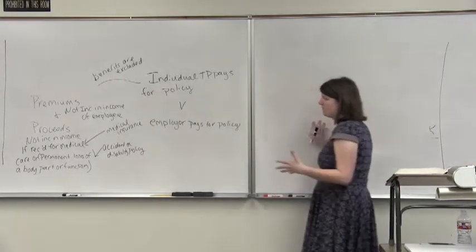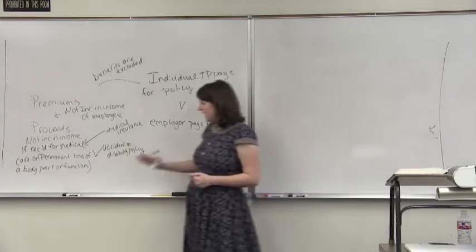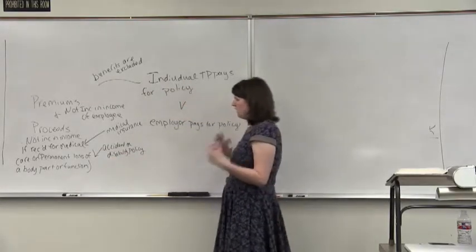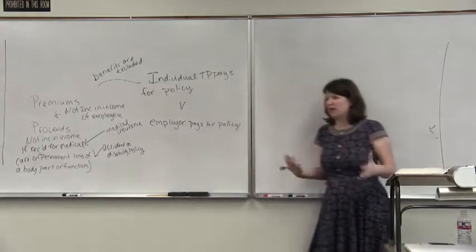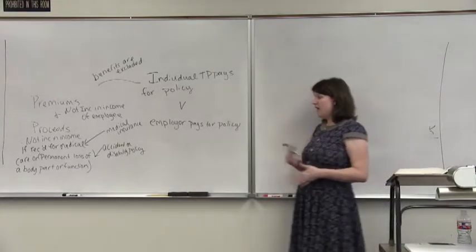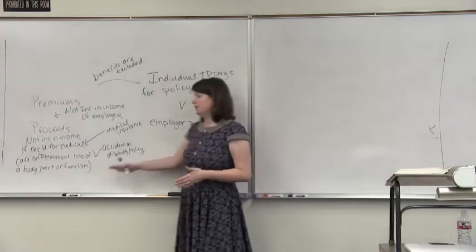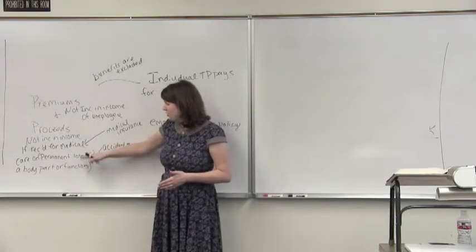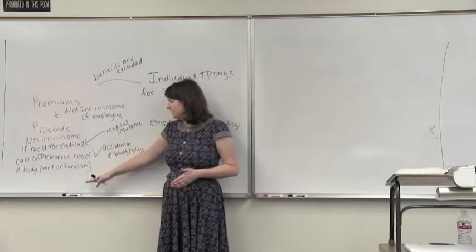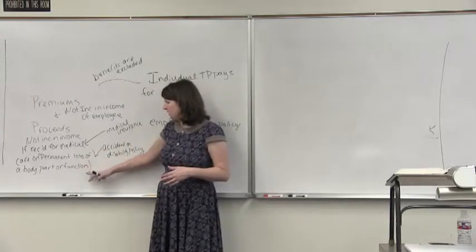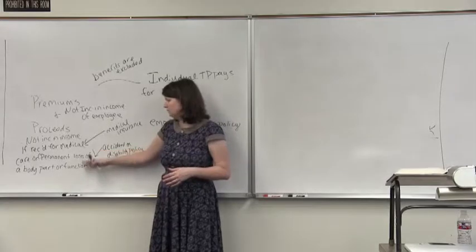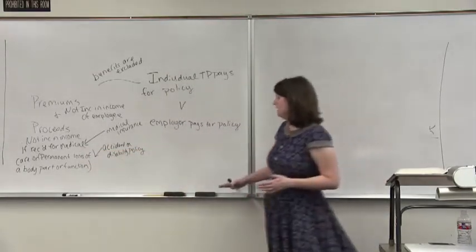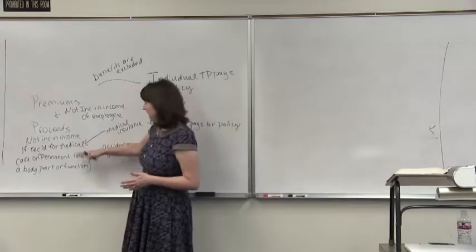Okay? However, she also receives $500 from the policy for basically loss of income because she can't go to work. That $500 is included in gross income. So please note that this limitation really only applies, it doesn't apply to loss of income. Okay? Now what if this had been a policy purchased by an individual?